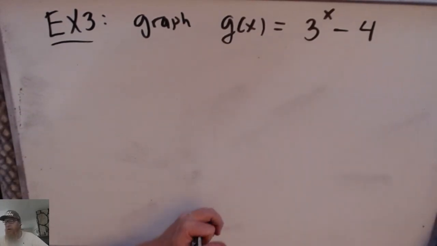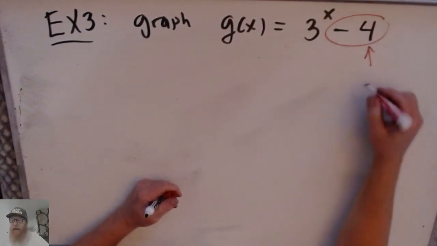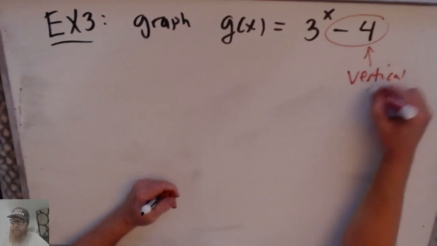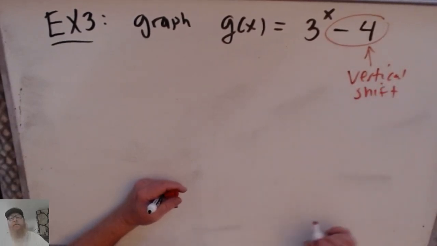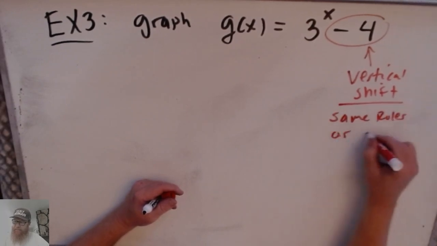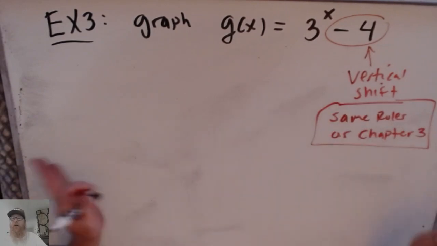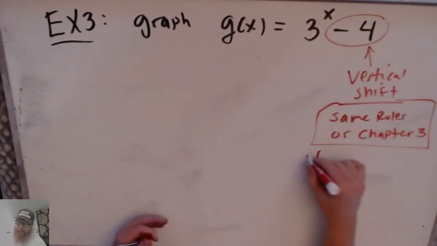So this is a vertical shift. So be very careful. It's the same rules as chapter 3. We were doing all the transformations.